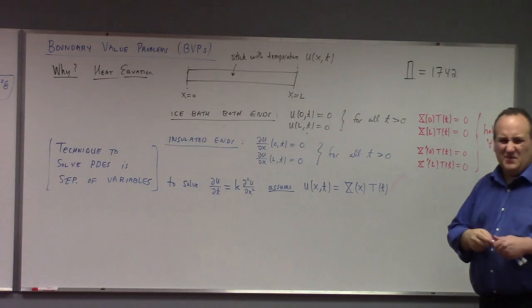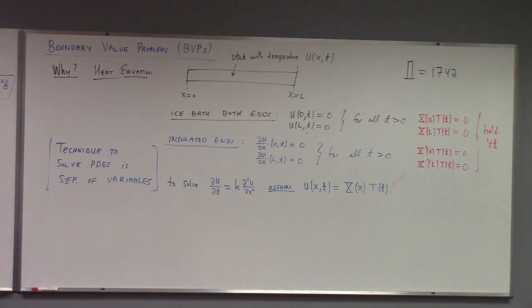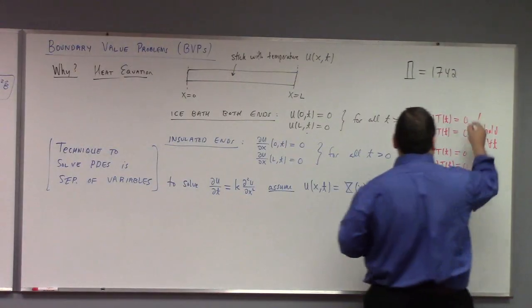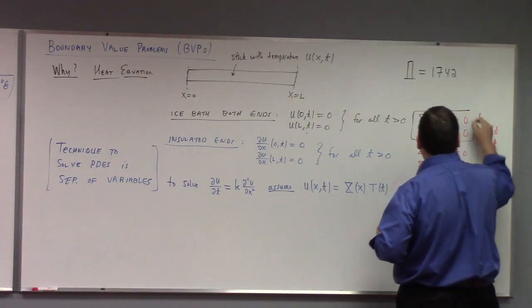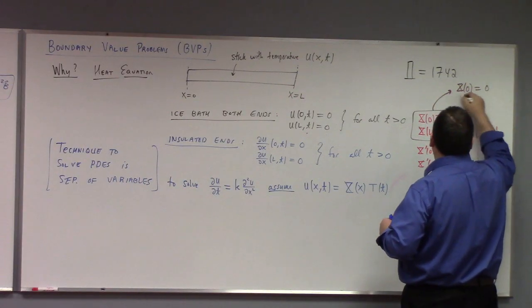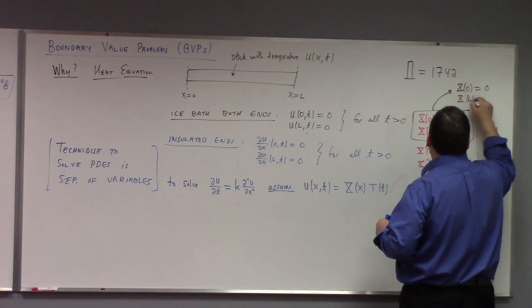So what does that mean for us? Well, in order for our product solution to fit the boundary conditions, it must be the case that the X part of the solution fits the boundary conditions. So these ones up here tell me that I must have X of 0 is 0 and X of L is equal to 0.